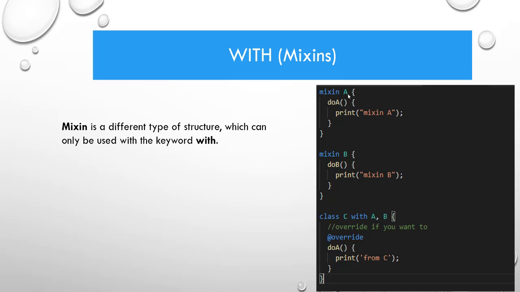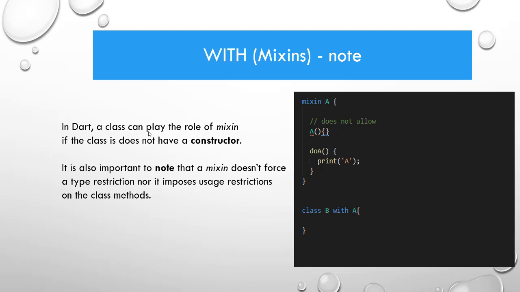Here are two mixins, mixin A and mixin B. Class C mixes in mixin A and mixin B with the keyword with. If you want to overwrite this method, you can do so. In Dart, a class can play the role of a mixin if the class does not have a constructor.